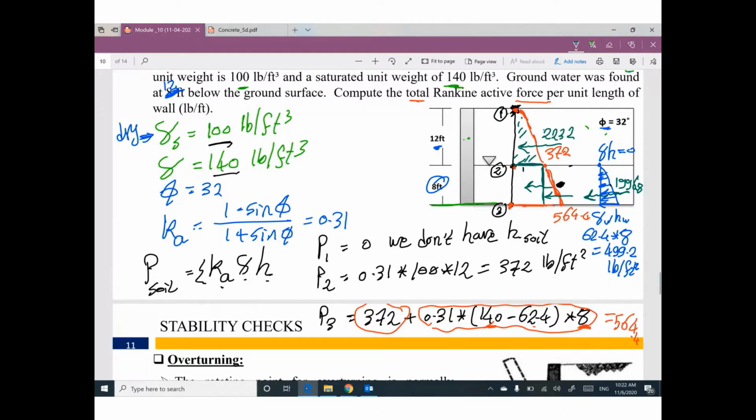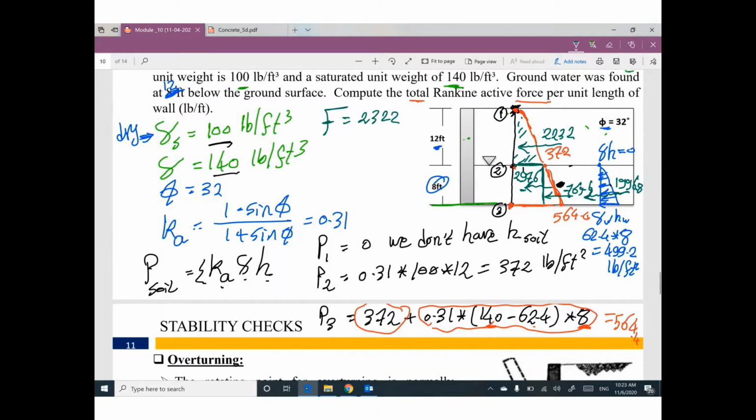This rectangle will be 372 times 8, which is 2,976. This little triangle will be 769.6.